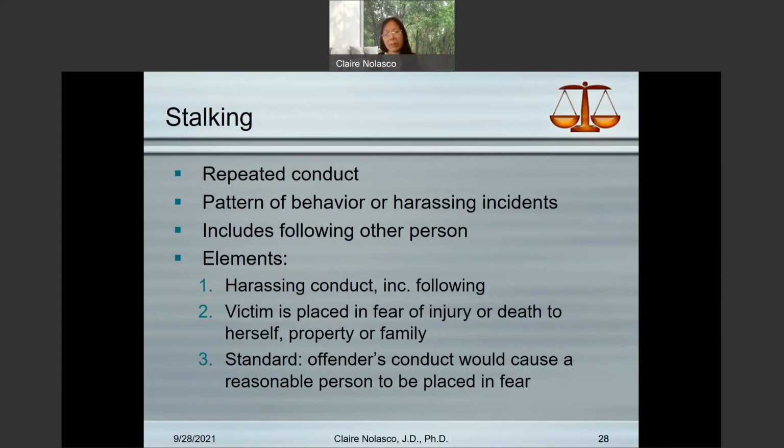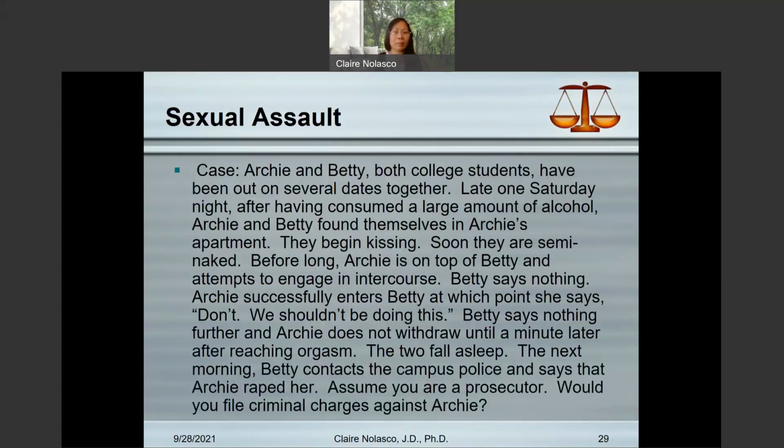Second, the victim is placed in fear of injury or death to herself, property, or family. The standard would be, would the offender's conduct cause a reasonable person to be placed in fear? Would the victim feel that his life or safety were in danger?